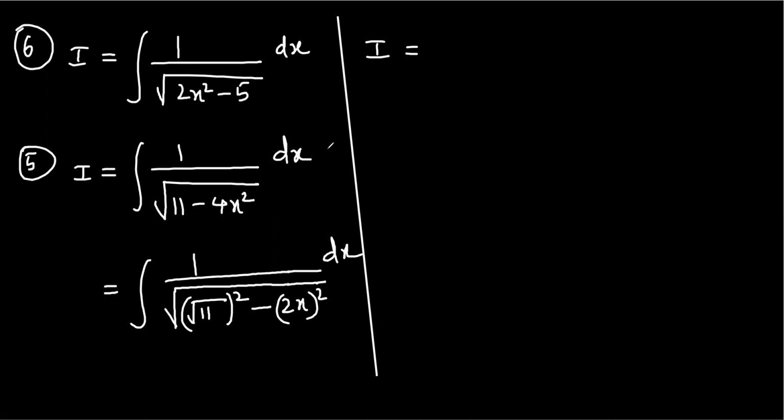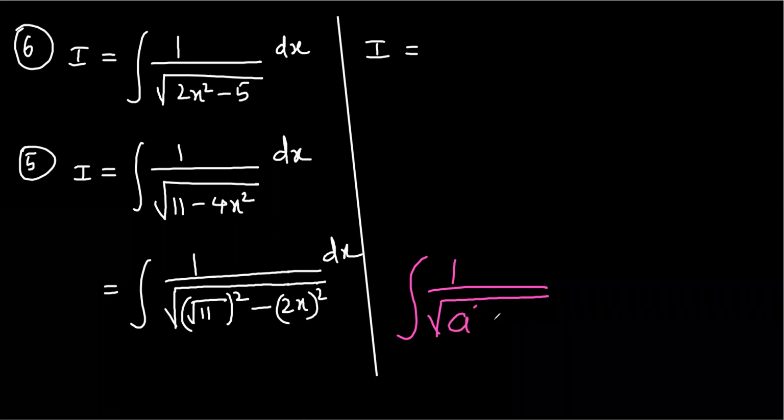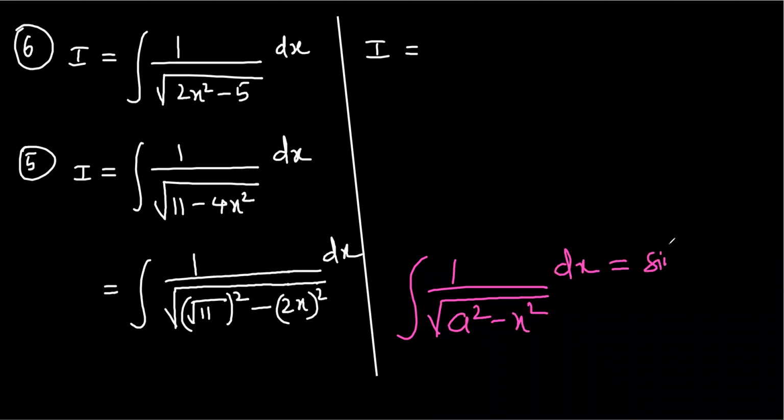So in set 2, students, it is the one which I had told you that it has a result totally different. It is not resembling the other two. 1 upon a square minus x square dx. If you remember, it was sine inverse of x over a, that is sine inverse of variable upon constant.